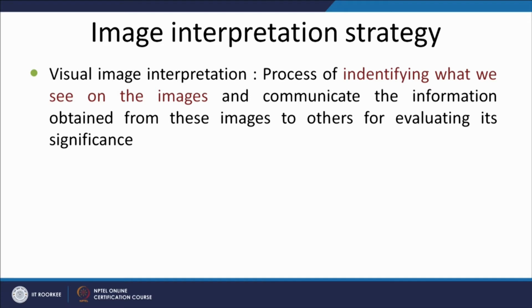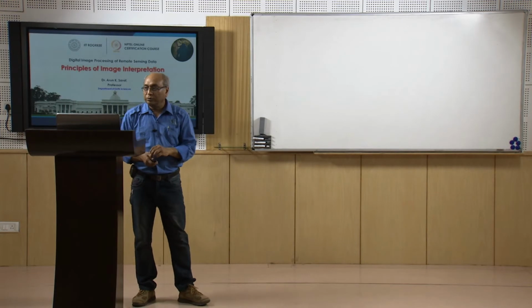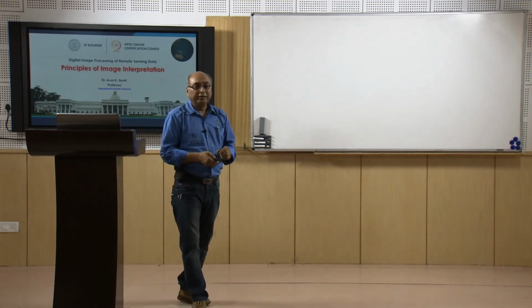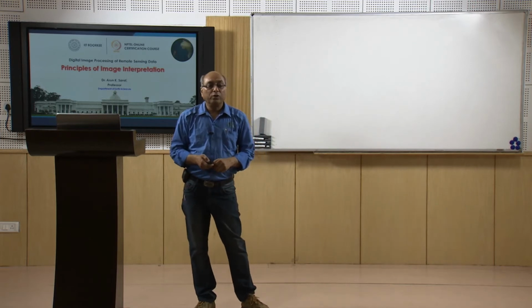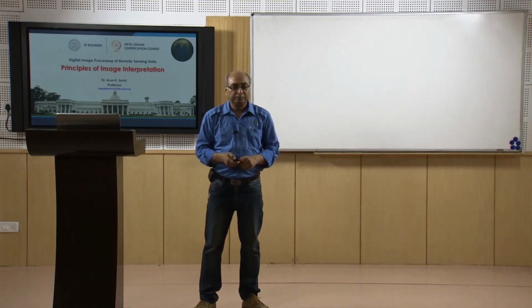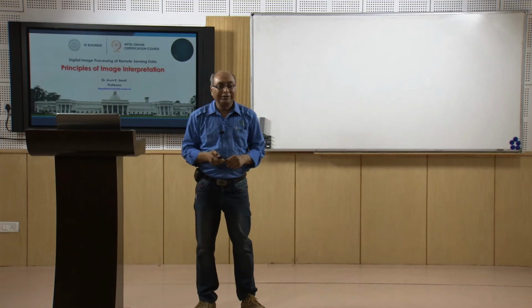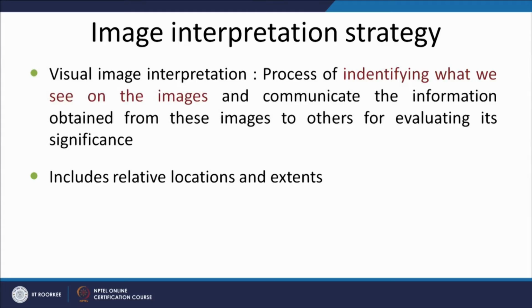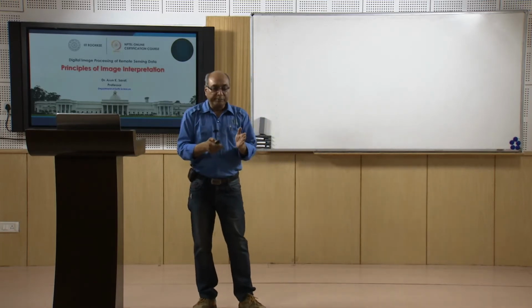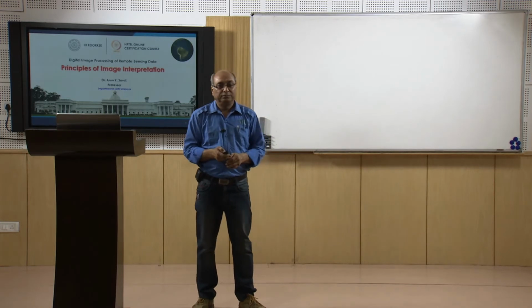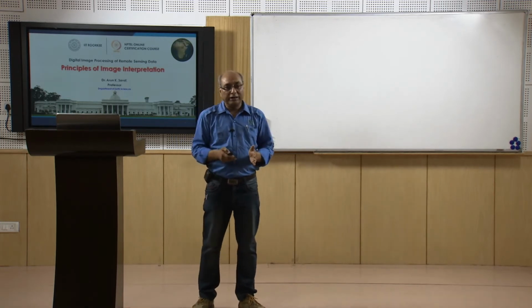Now, visual image interpretation is the process of identifying what we see on the images and communicating the information obtained from these images to others for evaluating its significance. And this includes relative location and extent, because each object is generally located in a specified location, like beaches are located along the sea or along a large lake.